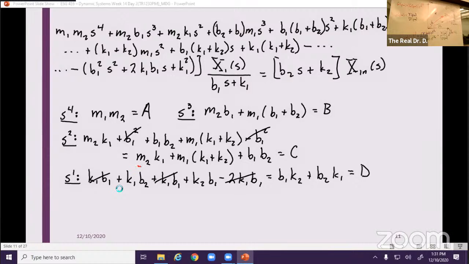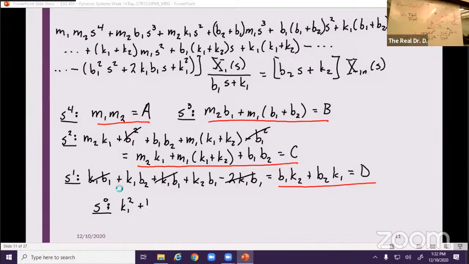And so just so we can kind of see what our equations are. And we've got one more, s to the 0, which is k1 squared plus k1 k2 minus k1 squared.